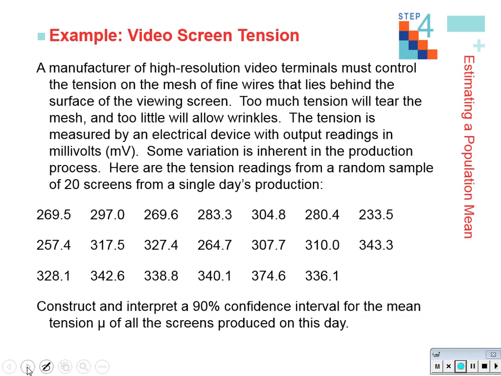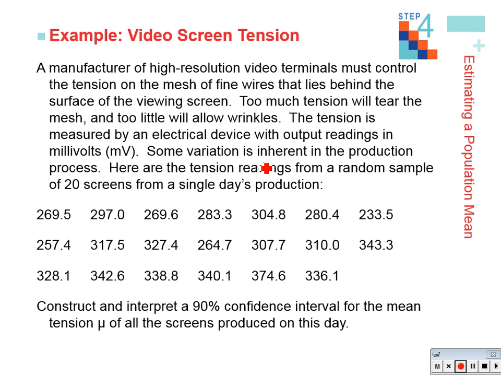A question here says, a manufacturer of high-resolution video terminals must control the tension on the mesh of fine wires that lies behind the surface of the viewing screen. Too much tension will tear the mesh, and too little will allow wrinkles. The tension is measured by an electrical device with output readings in millivolts. Some variation is inherent in the production process.